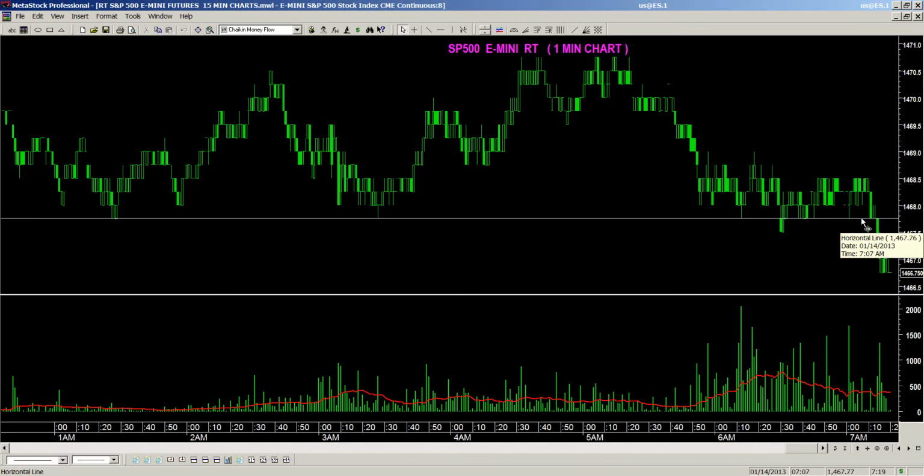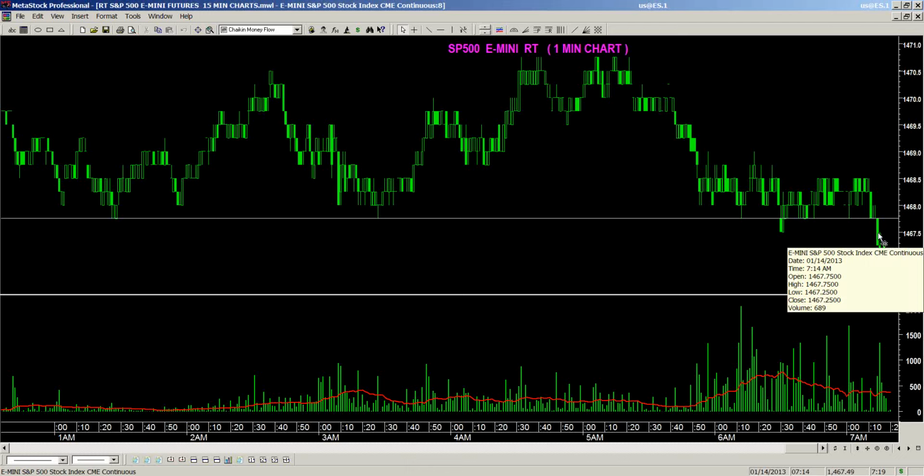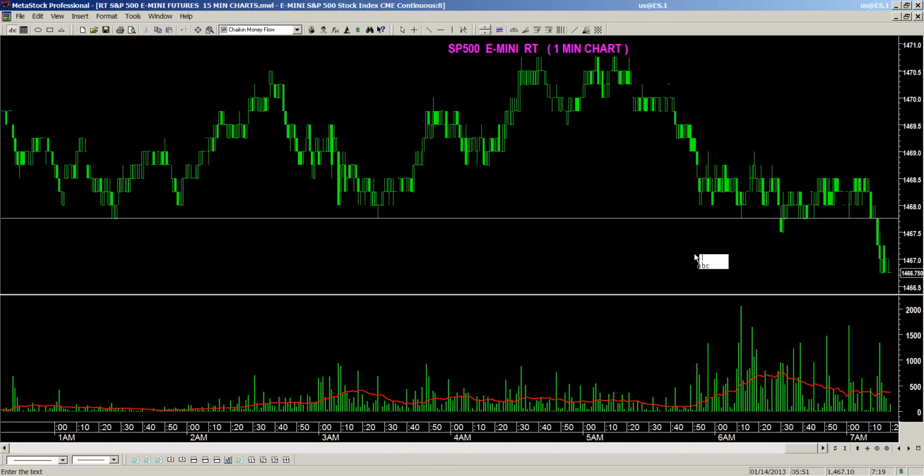The area to be crossed again was 1467.75. Therefore, 1467.50 is the in.